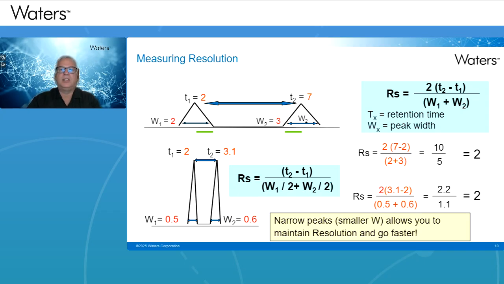So the equation on the top is easier, is faster, but the one on the bottom is probably more visual. So basically we want the time between T2 and T1 longer than the addition of half peak width of my two peaks. So we will have a good resolution. If we have the same length, we will have a resolution of 1, which means that my peaks coelute.